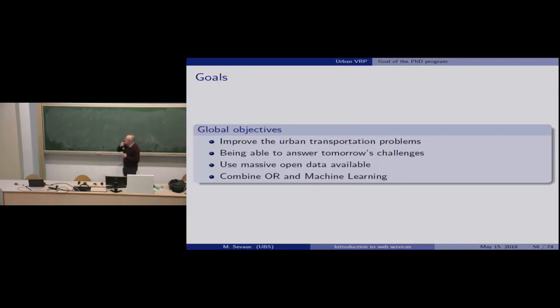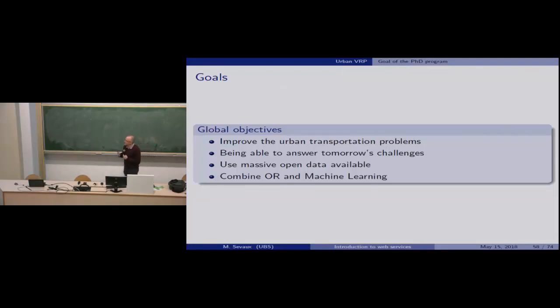So what is the goal of the PhD program? We want to improve the urban transportation problem, being able to answer tomorrow's challenges, like the one with connected mobility, for example. We also plan to use massive open data, which are now available, which is not really true.